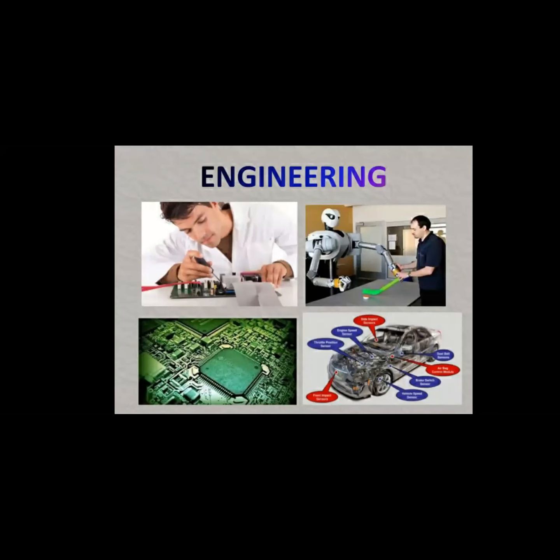Also in engineering, we make use of a computer. Of course, computer and technology work together, but we still use computer even in engineering. A good example is robotic engineering. Robots make use of computer.